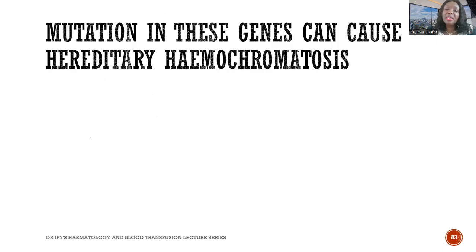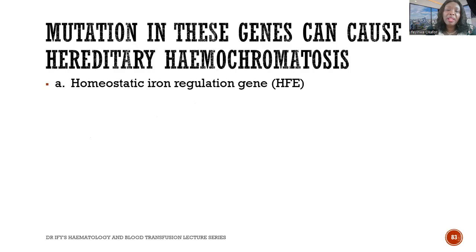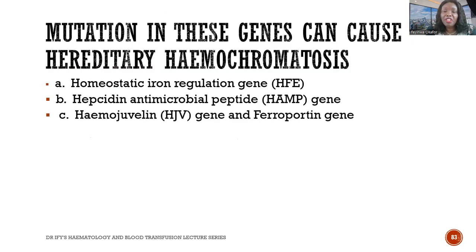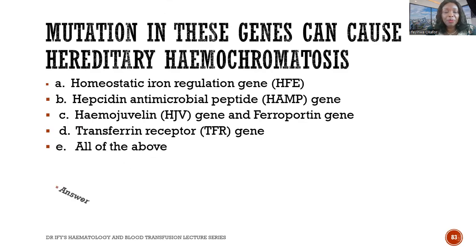Mutation in these genes can cause hereditary hemochromatosis: hemostatic iron regulation gene, hepcidin antimicrobial peptide gene, hemojuvelin gene and ferroportin gene, transferrin receptor gene, all of the above. Answer E, all of the above.